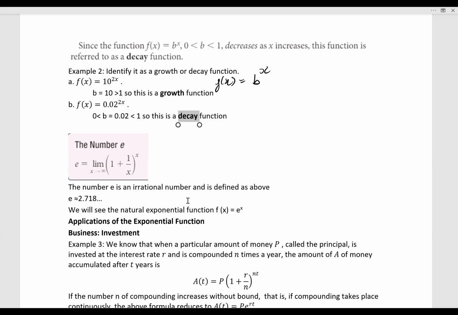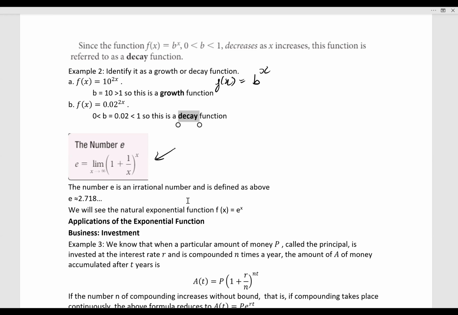The number e is similar to a constant number, like pi. It is an irrational number, defined by the formula: the limit of (1 plus 1 over x) to the power x as x goes to infinity.